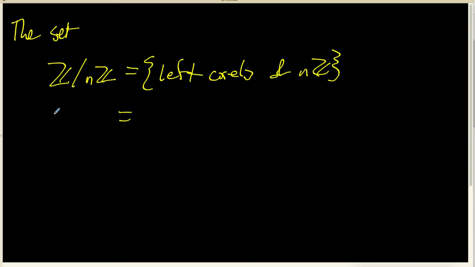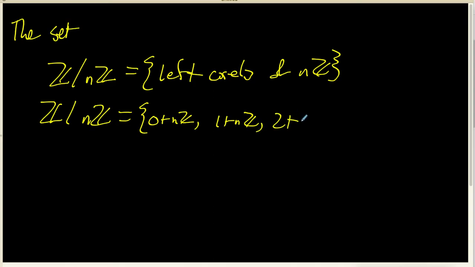In other words, Z mod nZ is nothing more than the set containing 0 plus nZ, 1 plus nZ, 2 plus nZ, all the way up to n minus 1 plus nZ.